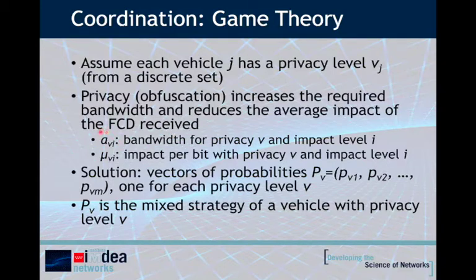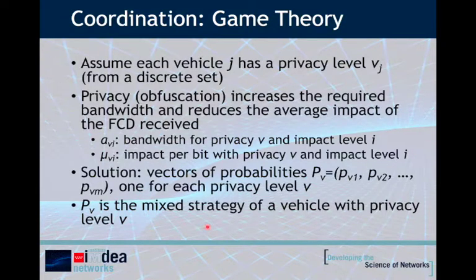So we denote those two parameters as A_VI and mu_VI. A_VI is the bandwidth that is going to be required by a vehicle that uses privacy V to receive the messages with impact level I, while mu_VI is the average impact per bit that this same vehicle is going to receive from messages with impact level I.